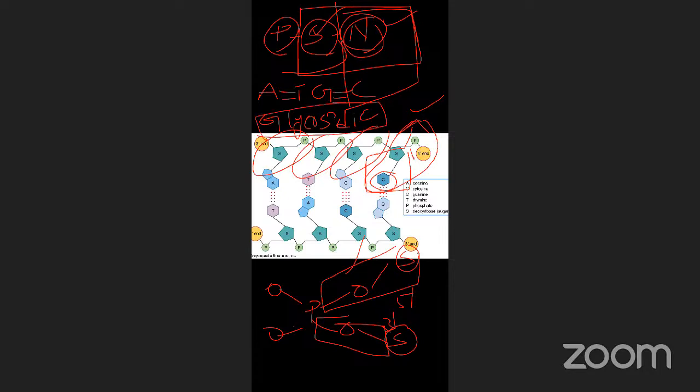So this is the DNA structure. In this, opposite 5 and 3 ends. Is it clear? Yes, sir. Right. With this you can easily understand the DNA Watson model.